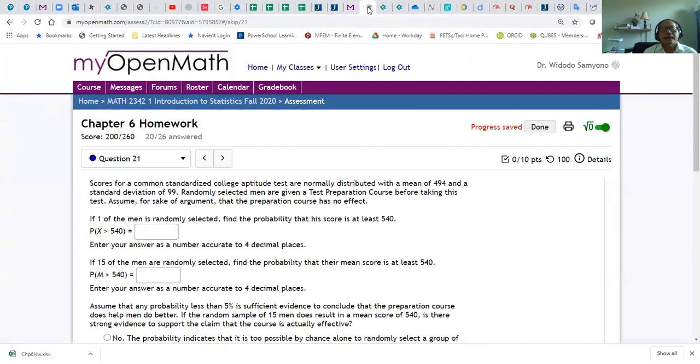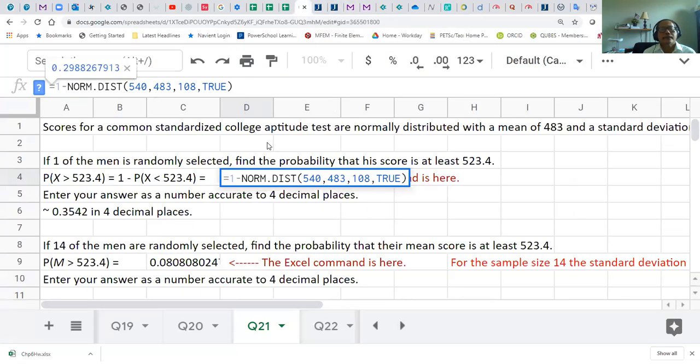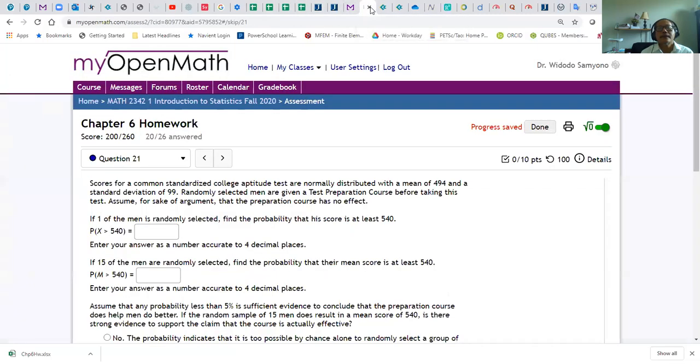The mean is 494, and the standard deviation is 99, right?